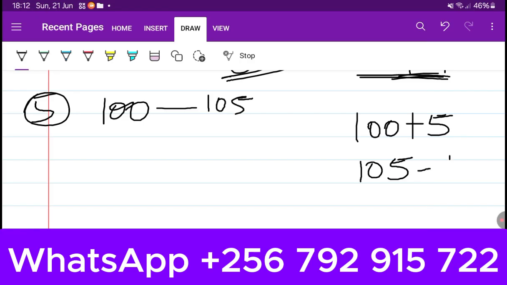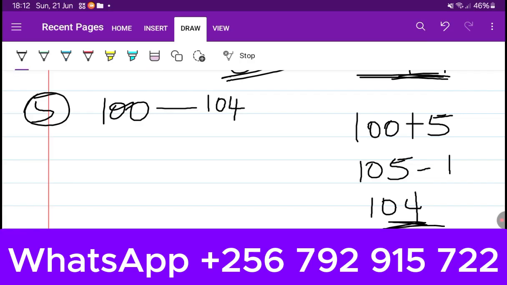You remove 1 from here, you get 104. So the value I'm taking as my upper class limit will be 104.